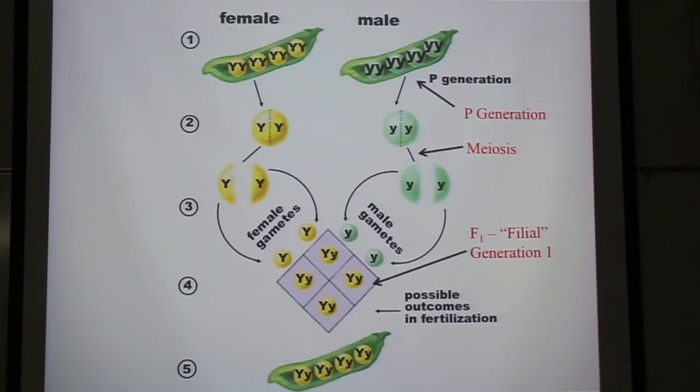Well, when this plant goes to reproduce, remember that when you go through meiosis, you can only give one set of chromosomes, right? So if this were a human, remember, in a diploid cell in a human, there's typically 46. Well, if you did not go through meiosis, but instead did mitosis, you would make a sperm or egg that also had 46 chromosomes in it. That would then get together with a sperm or egg that had 46, and you'd have 92.